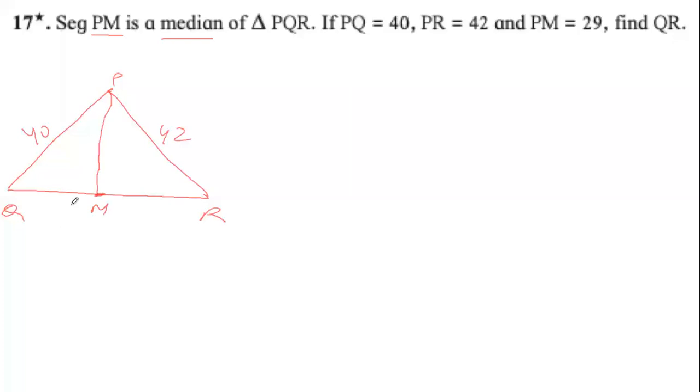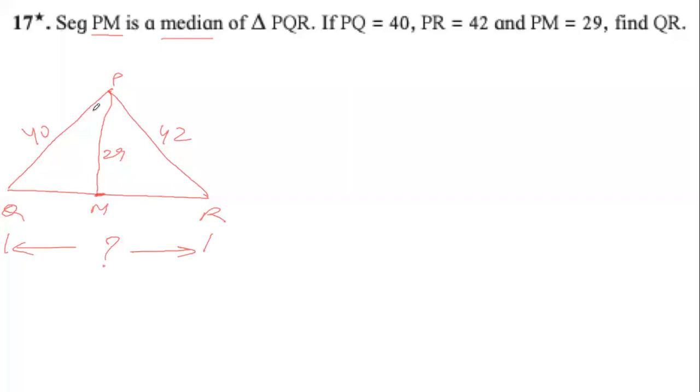And this length PM is 29. Question is, what is the length of QR? Now you tell me, what theorem, what rule will we use? Speak up. Apollonius theorem. Very good. Thank you, Karthik. We will use Apollonius theorem.